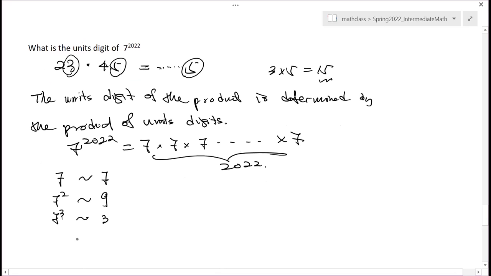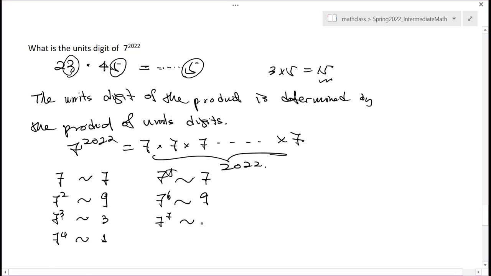Then 7 to the 4th power: the last digit is 3 times 7, which gives 1. Then 7 to the 5th, its last digit is 7. So you will see that it is repeating. 7 to the 7th, the last digit is 3. 7 to the 8th, the last digit is 1.